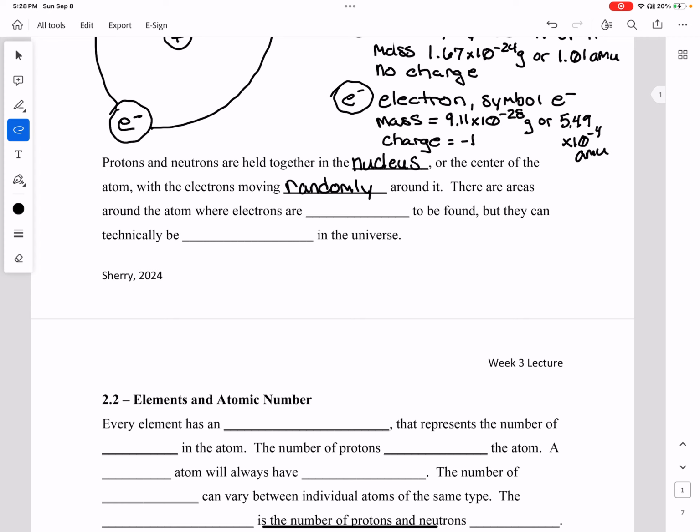It used to be thought that they went in a circle around the nucleus, but it's really random. And there are areas where an electron is more likely to be found, but there's actually a probability that they can be found anywhere in the universe. That means parts of you, all of your electrons, could be anywhere in the universe. There's a slight chance, anyway.